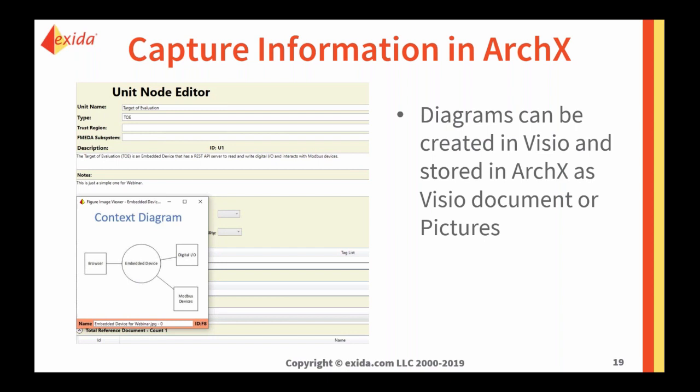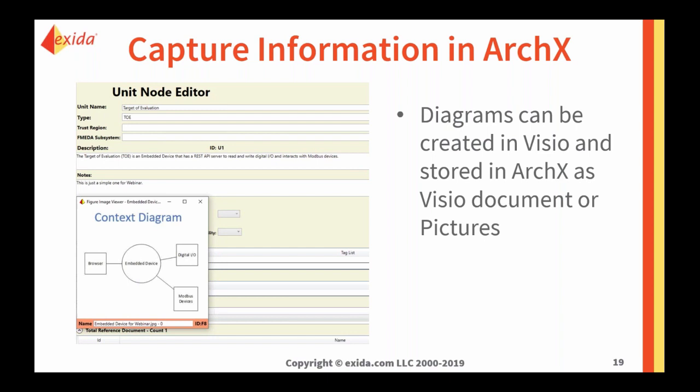One of the issues that you run into a lot of times is that you're going to do your cyber threat analysis, and partway through you realize some people were thinking that we were talking about one configuration of the system. Another group of people was thinking of a different configuration of the system. So one of the things we want to do is come up with this context diagram at the very start in order to nail down what part of the system we're going to talk about and how the system's going to be configured.